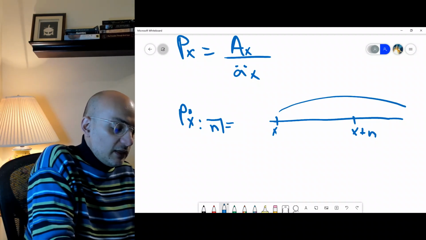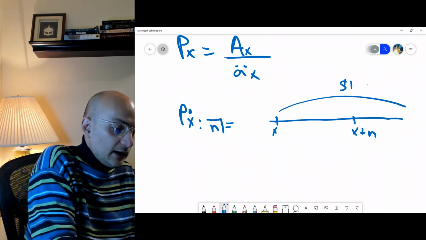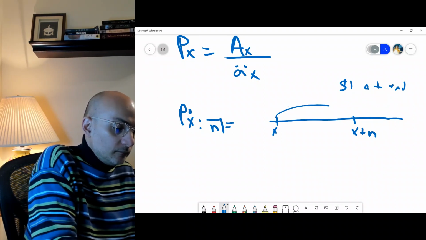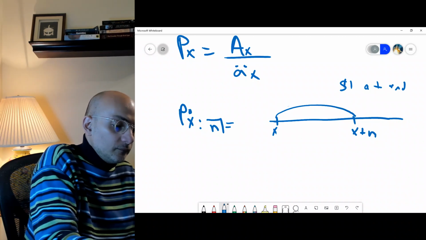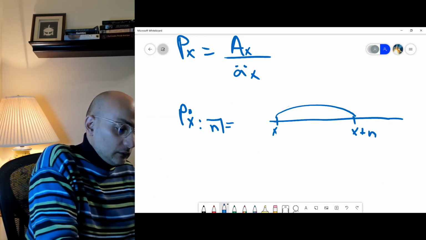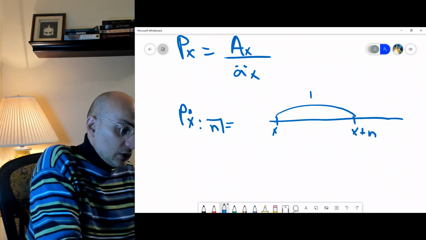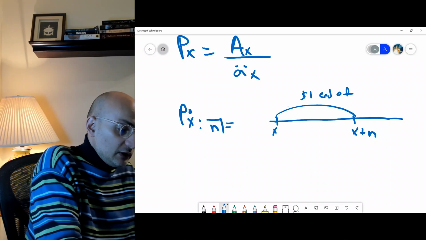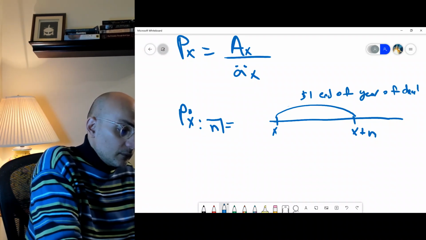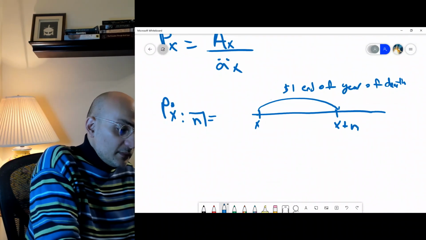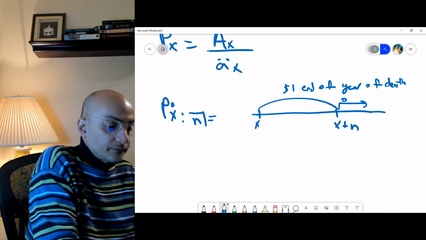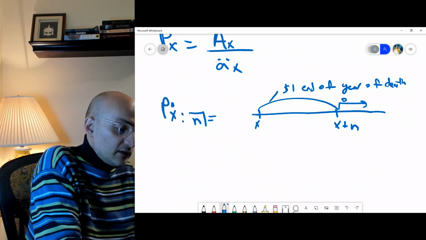When death happens, it pays $1 at the end of the year of death. And if somebody survives, it pays 0.